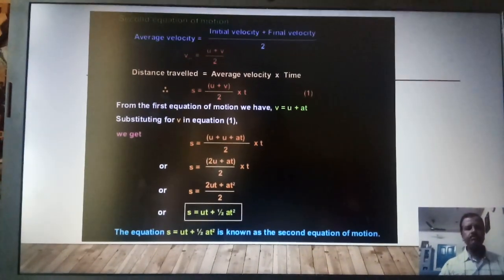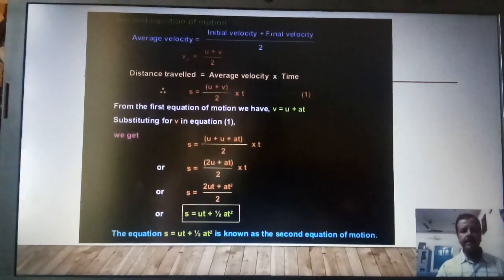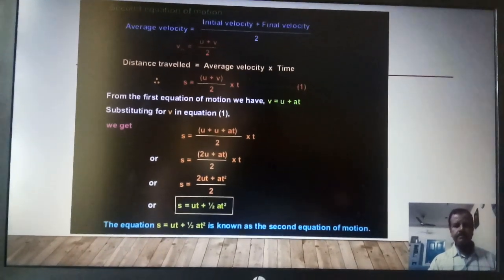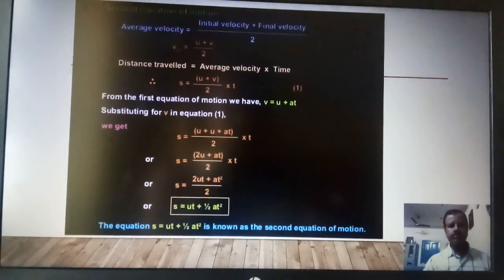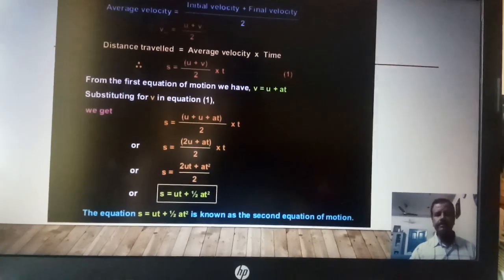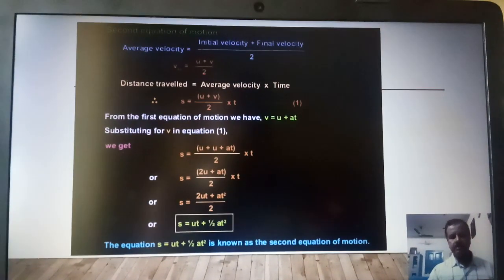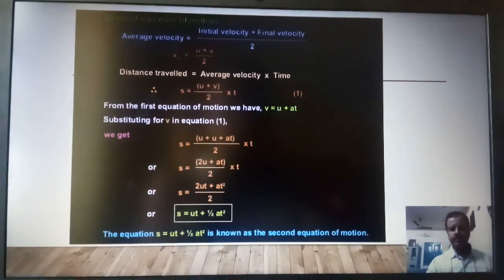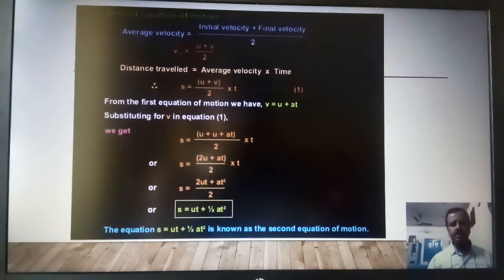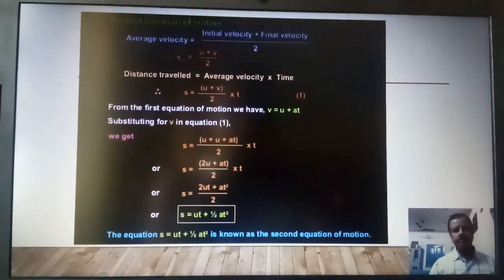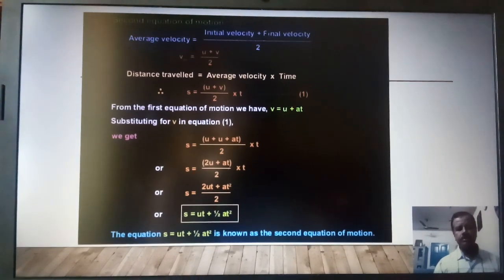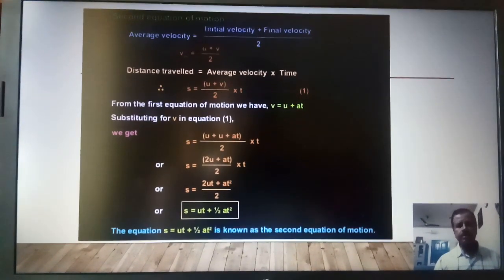Now the second equation of motion. Again we refer to the same graph. For the second equation we are going to calculate the displacement that has taken place in time t. If you look at the graph, the initial velocity is u and the final velocity is v.